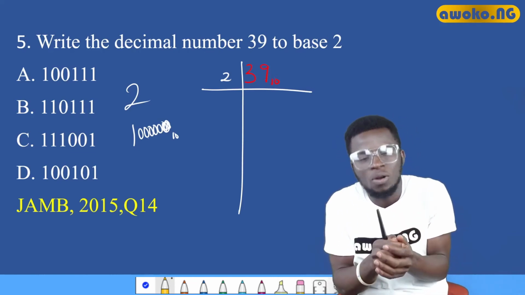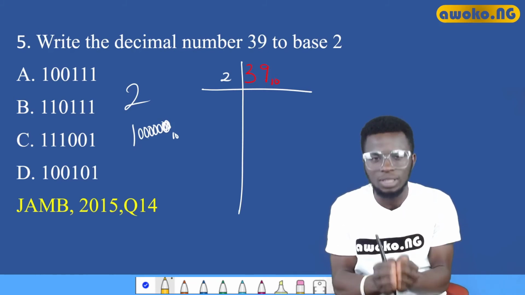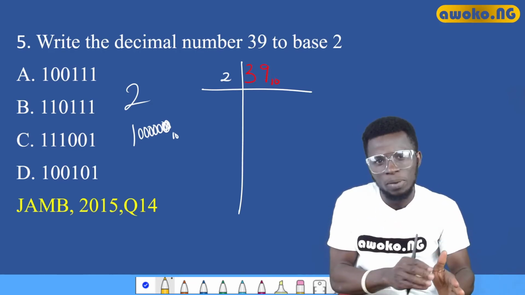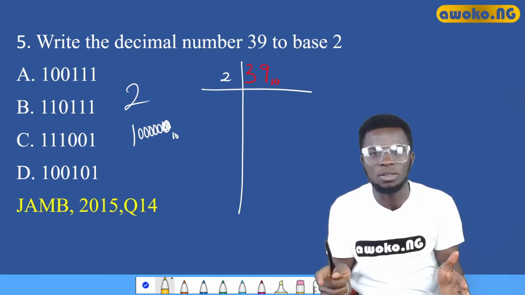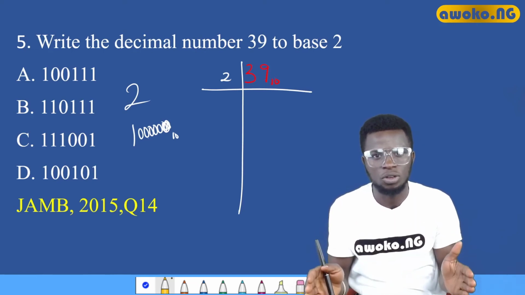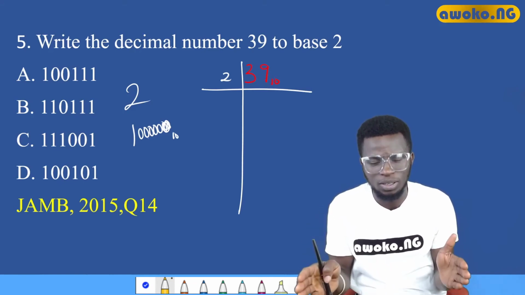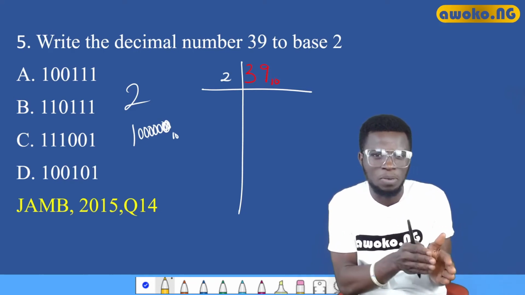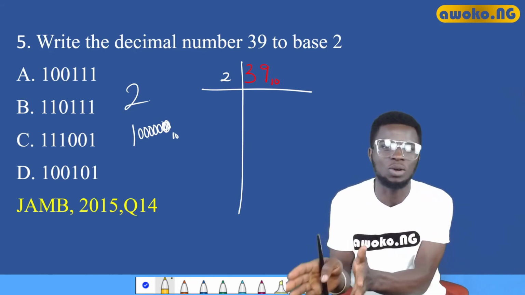So they might decide to ask you to convert a particular number in its default setting to another number, or they ask you to convert from a number in a particular base to another number in another particular base. It's just like you're going from a point A to point B. Of course, you are going to meet some things on the way before you get to point B. Those things you meet on the way, just like converting that number to base 10 first before converting to base whatsoever you're asked to.